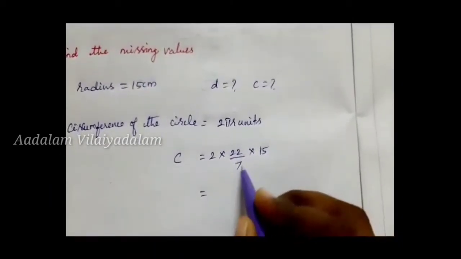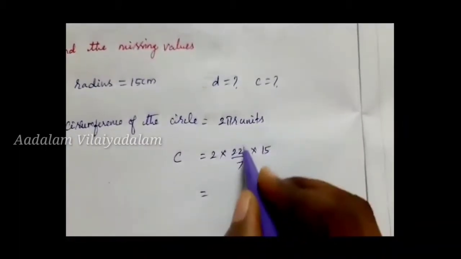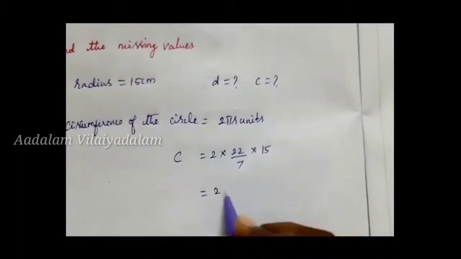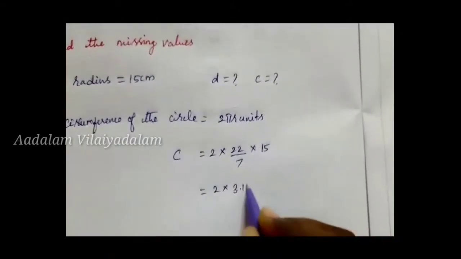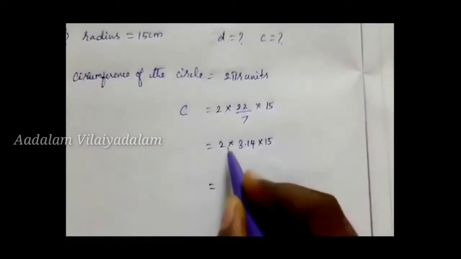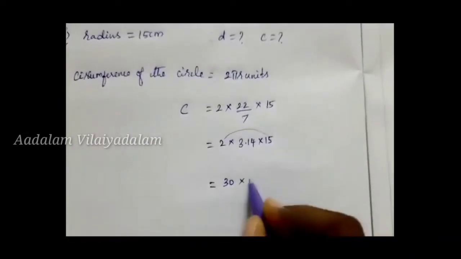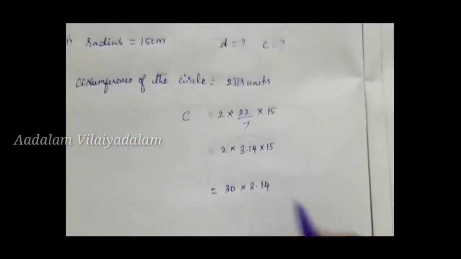Here we cannot cancel 22 by 7 into 15. So instead of 22 by 7, we can substitute the value 3.14 and multiply with 15. Then 2 15s are 30. Then multiply it by 3.14.